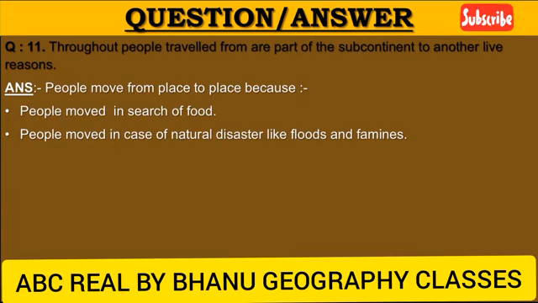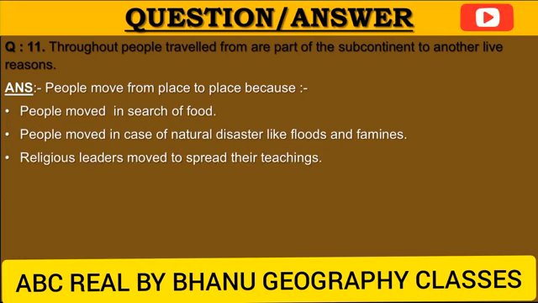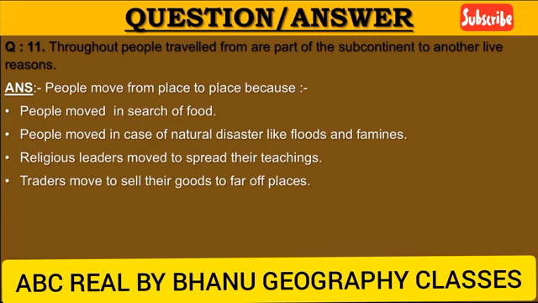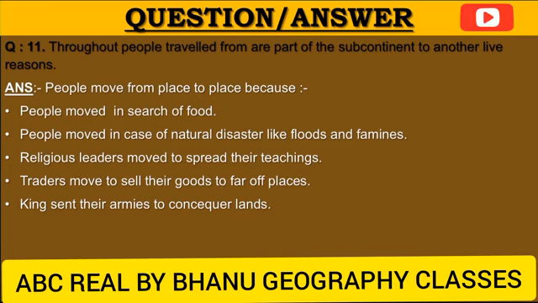People moved in case of natural disasters like floods and famines. Religious leaders moved to spread their teachings. Traders moved to sell their goods to far off places. Kings sent their armies to conquer lands. People travel to discover new lands.